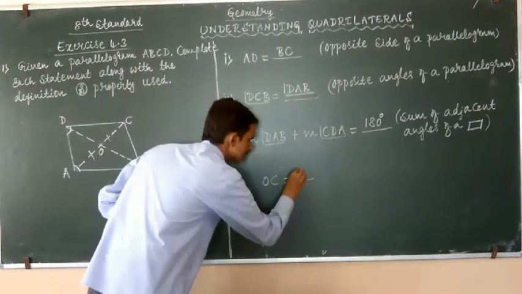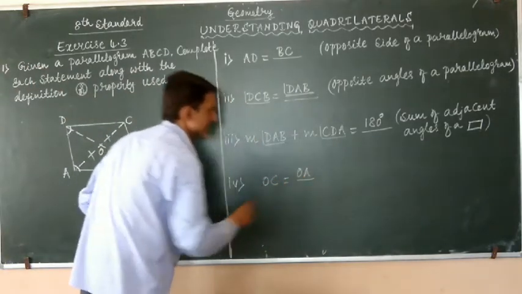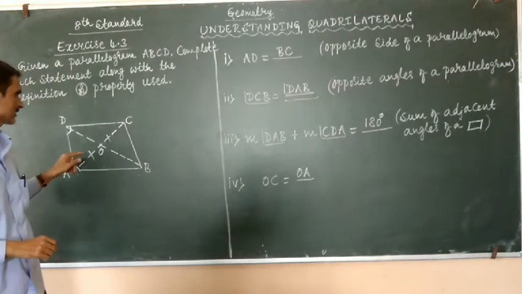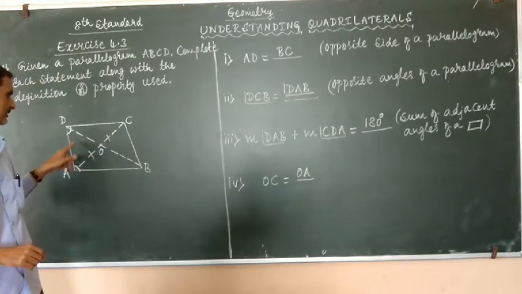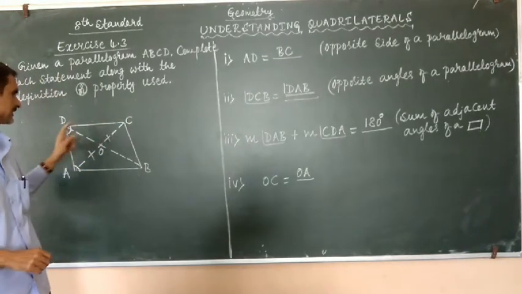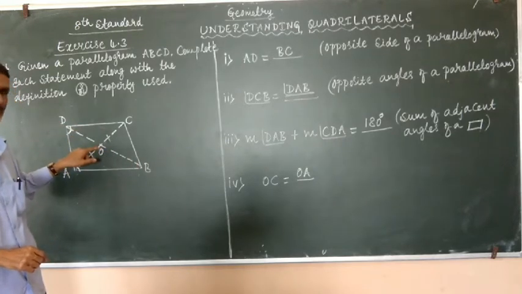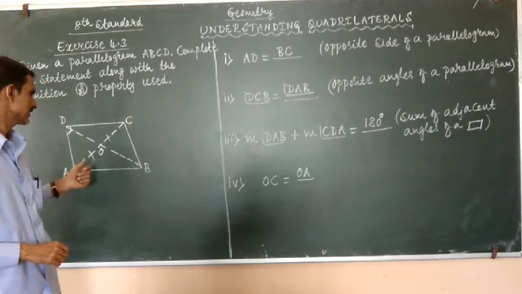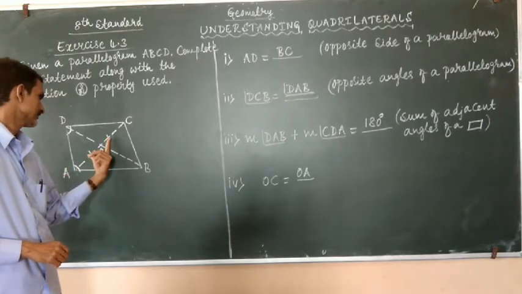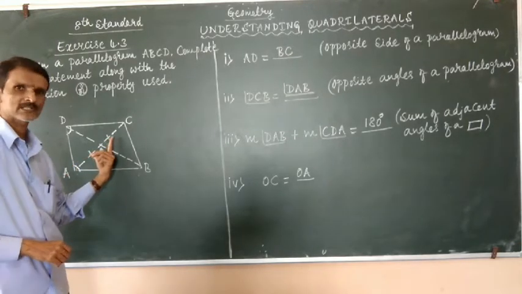OC is equal to OA because AC and BD are diagonals, and these two diagonals intersect at a point and bisect each other, that means they are divided equally.